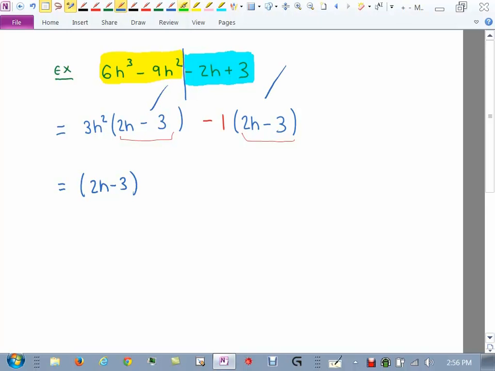And then in a separate parentheses, what do I put here? 3h squared minus 1, which really was just the numbers that were out in front, or the factors that were in front of each of those parentheses. So that went here and here. Okay. Look at that now.